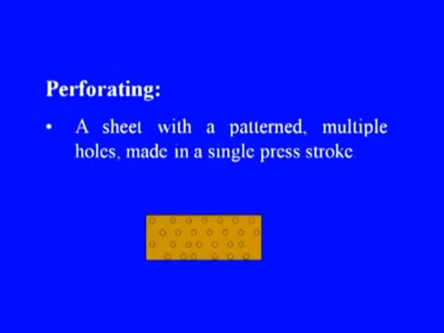Perforating. A sheet with a patterned multiple holes made in a single press stroke is as shown. The sheet is perforated in a particular pattern. Next process is embossing.